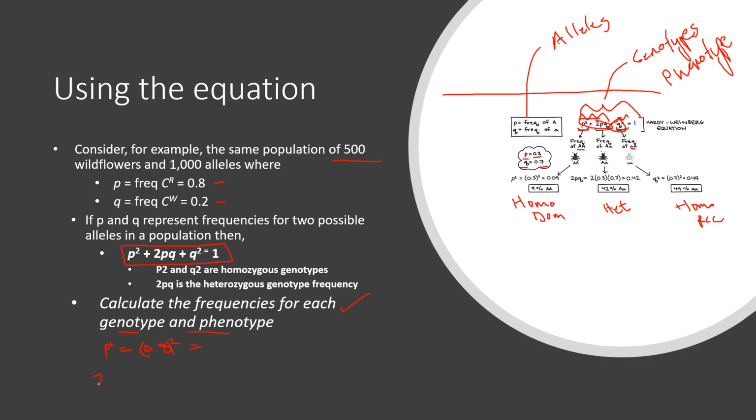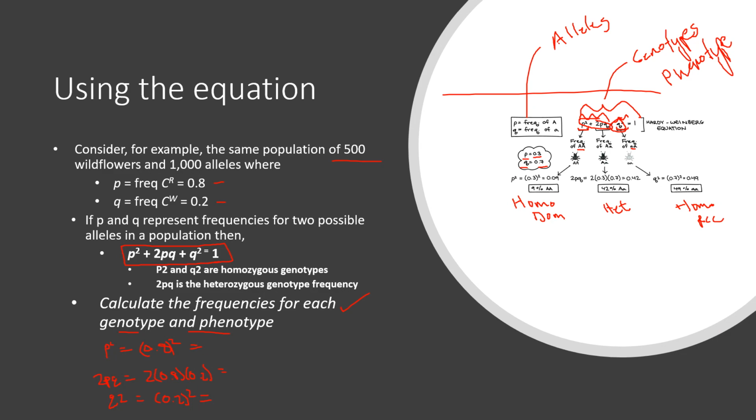We'll do the same for the heterozygous, 2PQ, which equals 2 times P, which is 0.8, times Q, which is 0.2. And then we have Q squared, which is 0.2 squared.